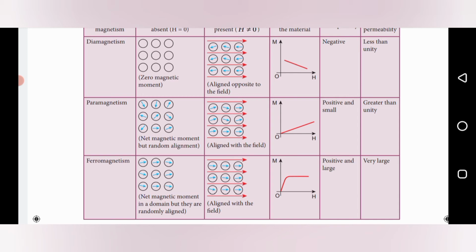It possesses a strong magnetic field, with positive and large susceptibility, and the relative permeability is very large. So ferromagnetism is the strongest magnet when compared to diamagnetism and paramagnetism.